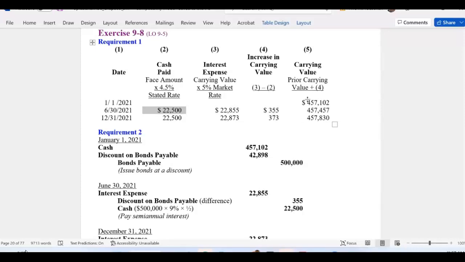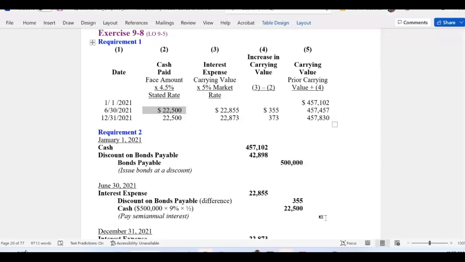355. Now, you see this 457,102 carrying value has to go all the way up over 20 periods to become what? To become 500,000, right? The carrying value has to become $500,000 after 40 periods, I believe. 20 years, 40 periods. After that, 500,000 has to be at the end of this carrying value table, all the way down.